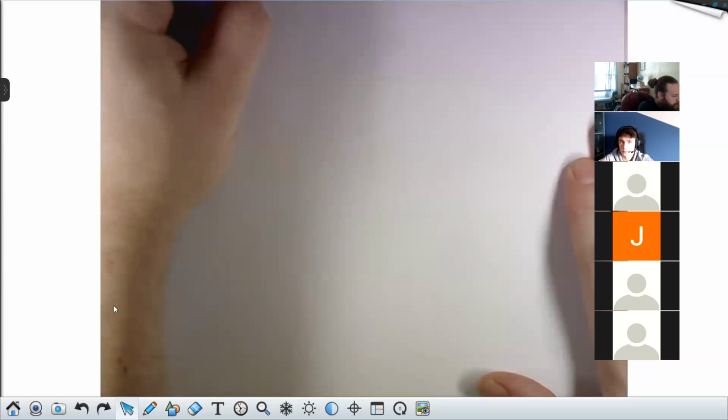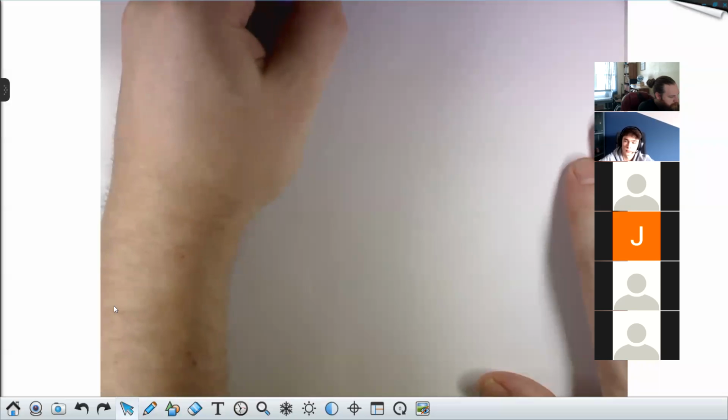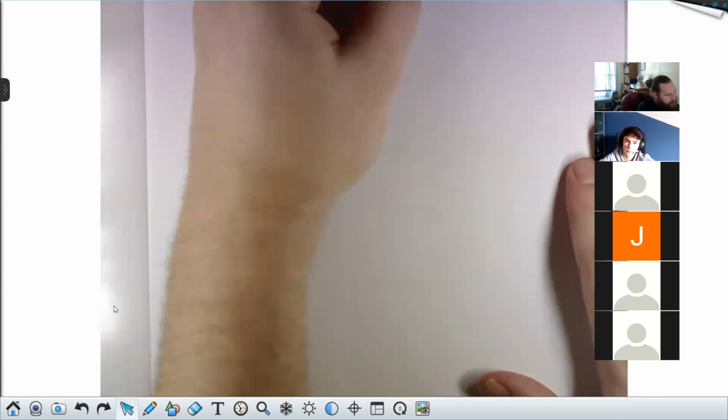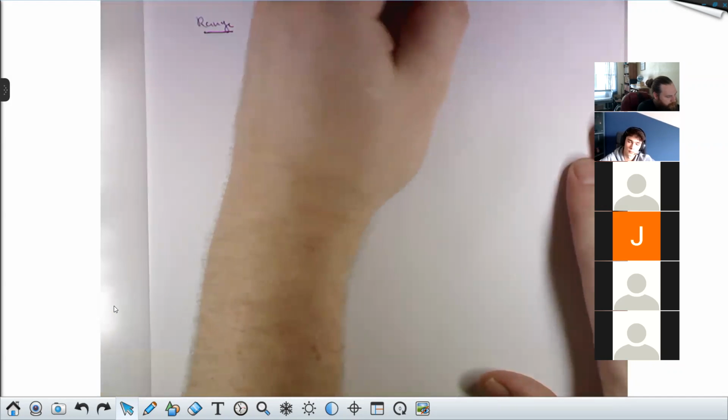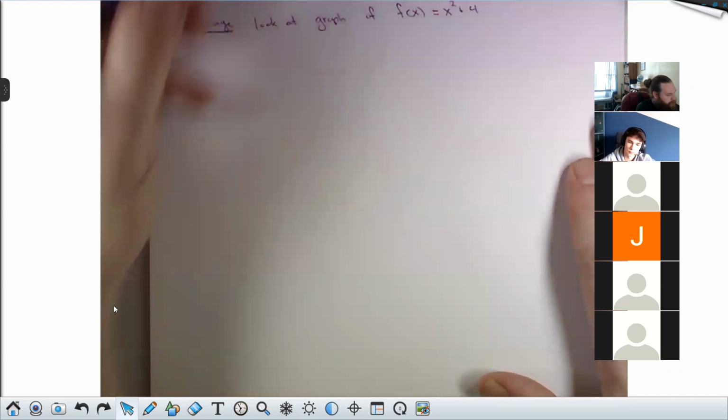So the range, we're going to look at the graph. f(x) equals x² + 4.